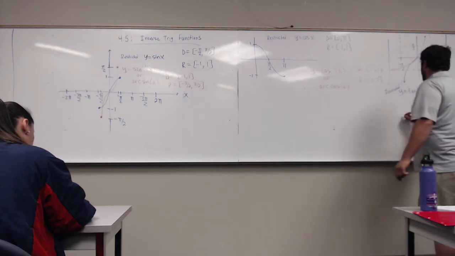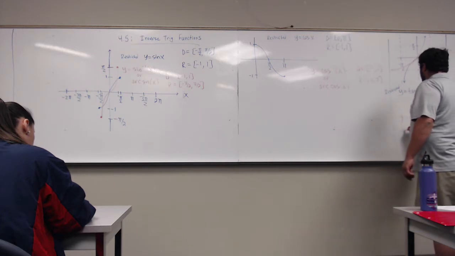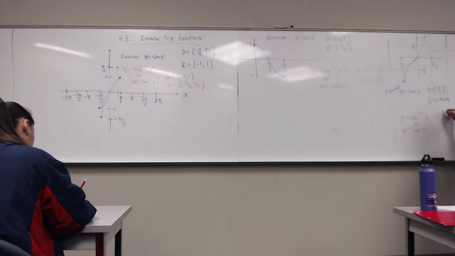Okay, so you have y equals tan inverse of x, or if you like, you can call it arctan of x. The domain is going to be all real numbers. And the range is going to be -pi/2 to pi/2.